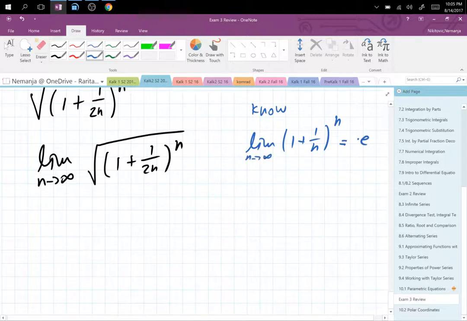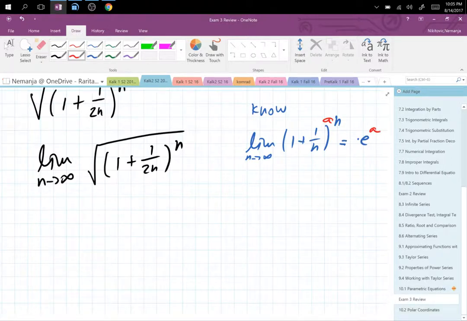We also know that if there is an exponent a instead of 1, there will be an exponent a out there. And also, by the rules of limits, if there is an exponent here, it will also travel as the exponent out there.